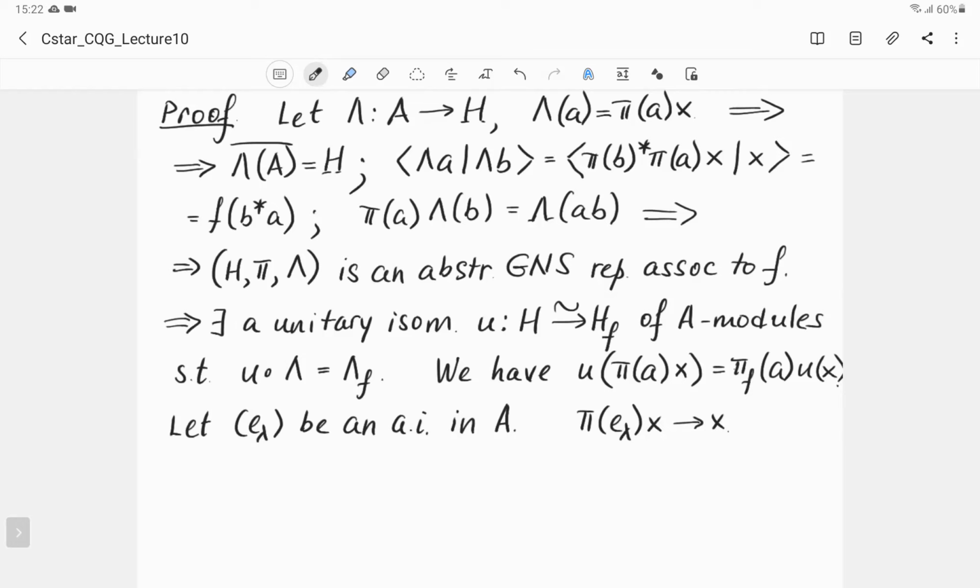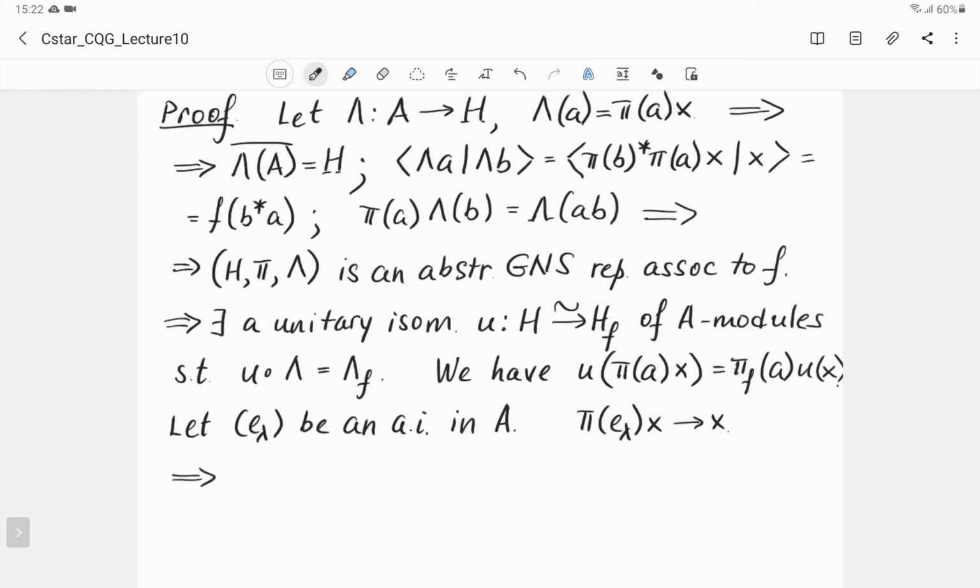So after we substitute e_lambda here in this formula, what we get is, so the left-hand side converges to U of x.